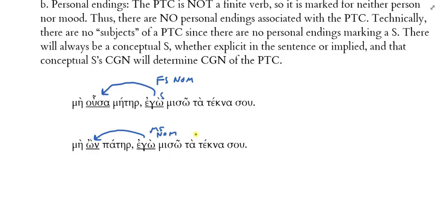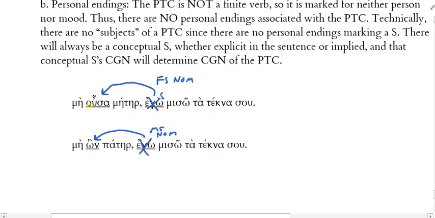All right. Very good. There are going to be cases in the New Testament where the actual subject personal pronoun isn't going to be there. And you know how your verbs don't need a subject pronoun, do they? The inflectional ending, the personal ending, is sufficient to establish the subject. So it is possible for you to see a sentence like this: mē ousa mētēr misō ta tekna sou.